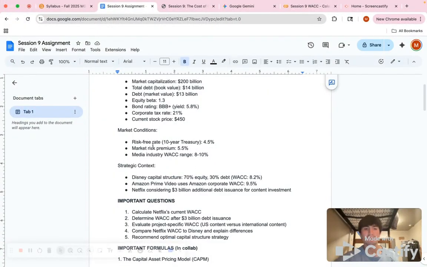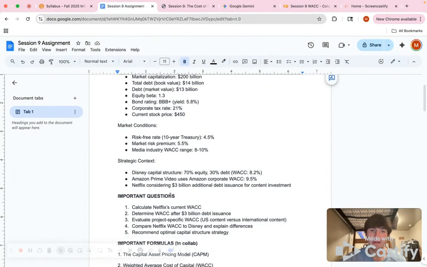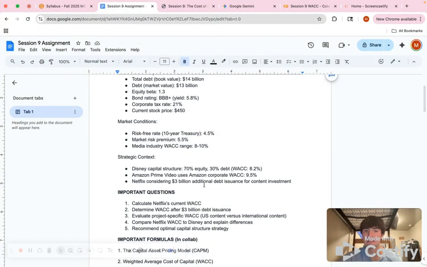And then just for some context, because we're going to have some questions over Disney and Amazon, Disney has 70% equity and 30% debt with a WACC of 8.2%, and Prime Video has a WACC of 9.5%, so they're in that industry range. And then Netflix is considering $3 billion additional debt for the investment.